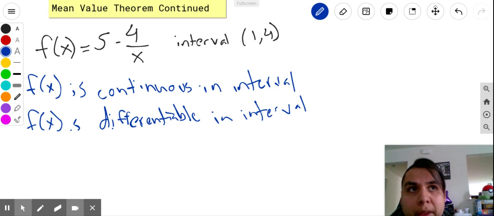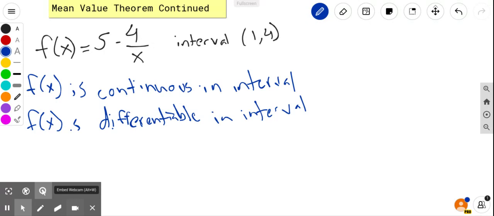I want to make sure I have a smooth graph that doesn't have any sharp turns or a cusp. And if you can imagine what that graph would look like, you should be able to state that it is differentiable in that interval as well. So we can continue using the mean value theorem.